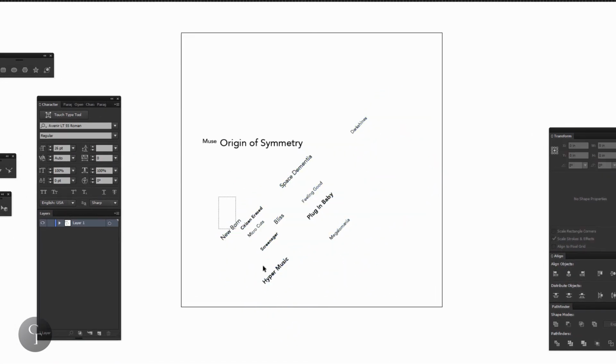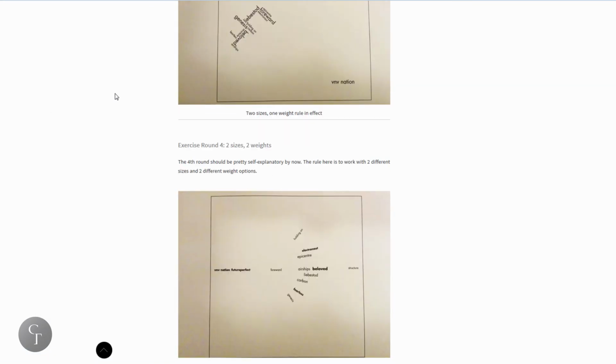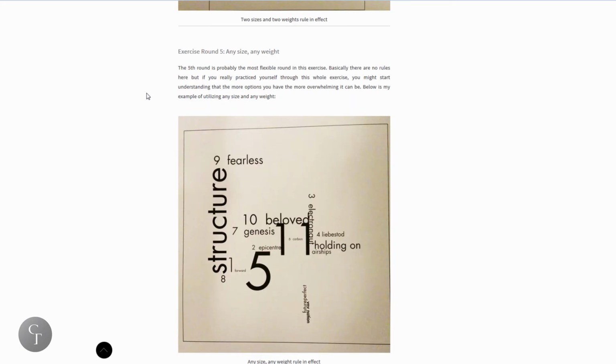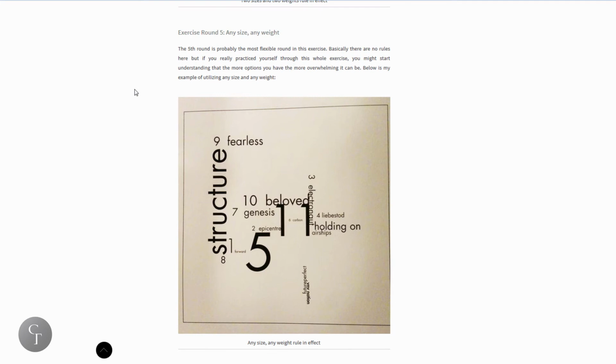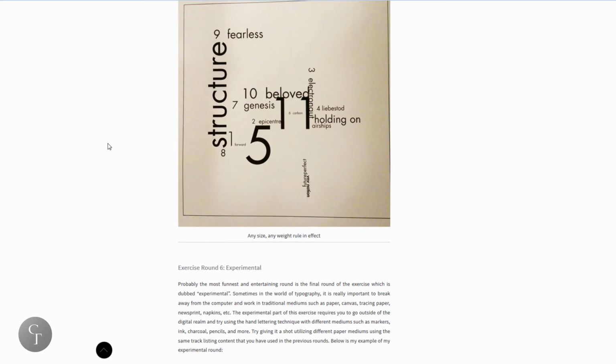Maybe have different sizes, and as an example, I'm going to pull up an example here. On my blog site, it shows you that you could use any size, any weight. That is the fifth round, and then you can use any size, any weight to create a really unique layout. Practicing yourself. Again, there are no rules and whatnot.